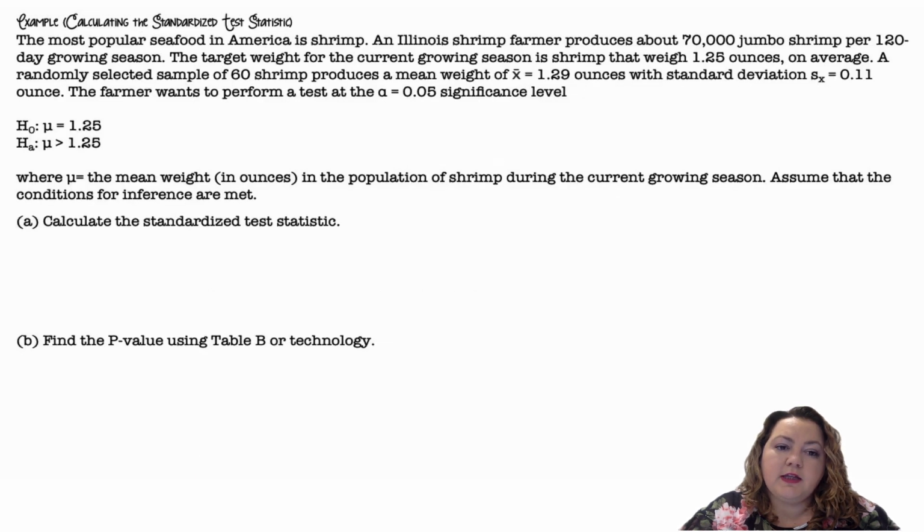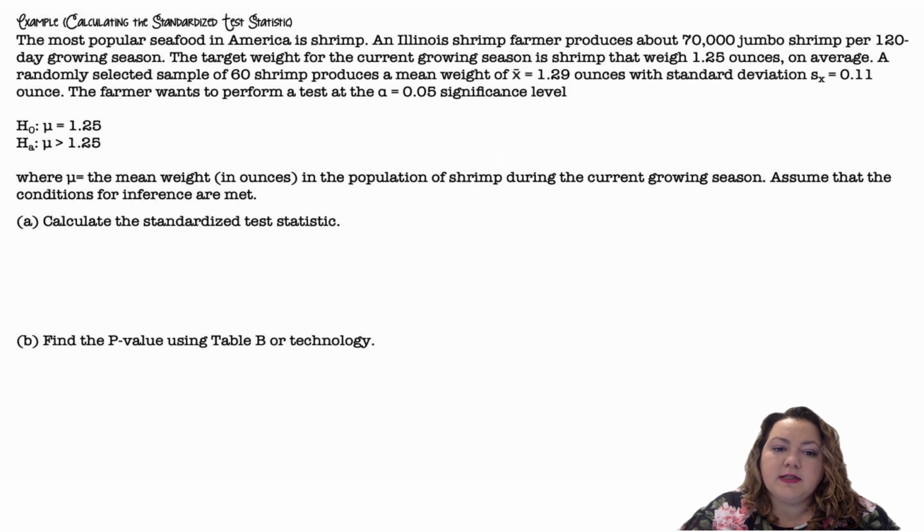All right, calculating the standardized test statistic. The most popular seafood in America is shrimp. An Illinois shrimp farmer produces about 70,000 jumbo shrimp per 120-day growing season. The target weight for the current growing season is shrimp that weigh 1.25 ounces on average.